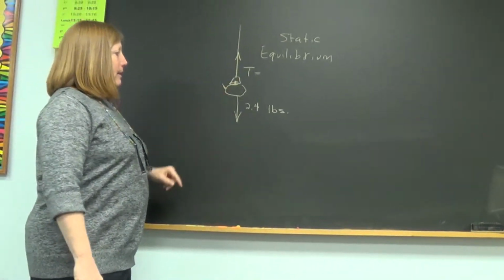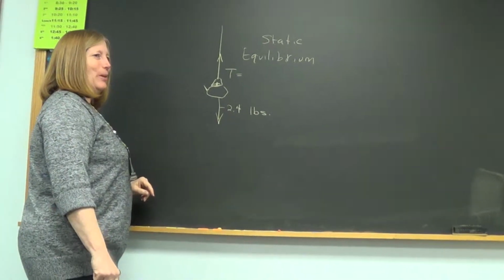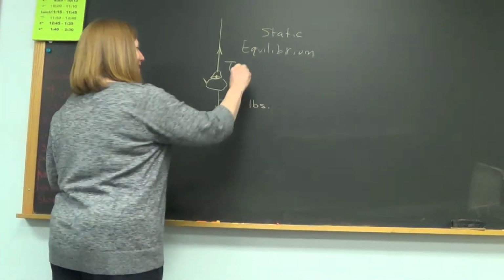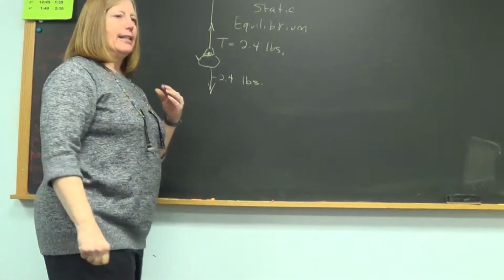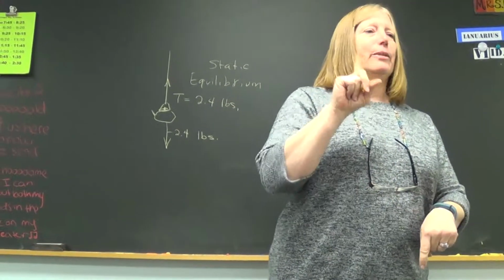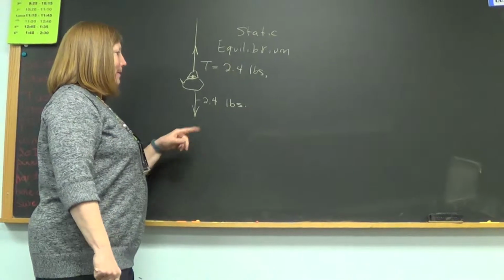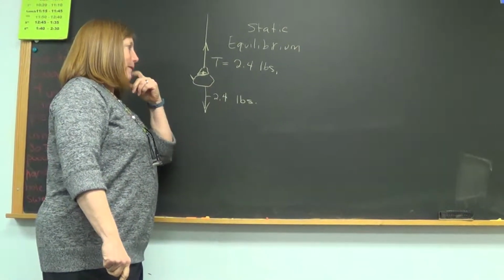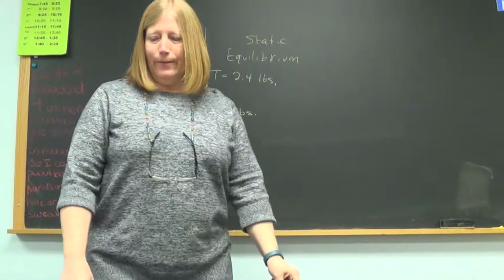Would it be negative 2.4? Actually, I should call that negative. So then what would your answer be? 2.4. Right. Because the teapot is static and still, we know that the force down has to equal the force up. And so we usually call weight negative. I forgot to put the negative. So 2.4 is upwards. It's the positive 2.4 pounds.